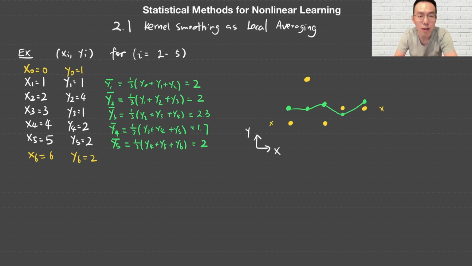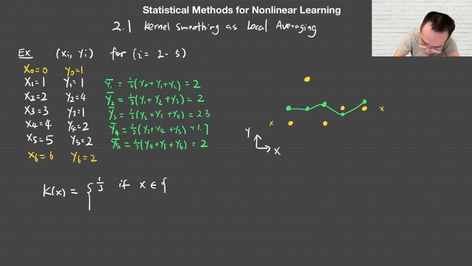If we want to write it down as a formula, we can first define a smoothing kernel for it. So here's what our smoothing kernel looks like. We have k(x) equals 1/3 if x is in -1, 0, or 1, and k(x) takes 0 otherwise.